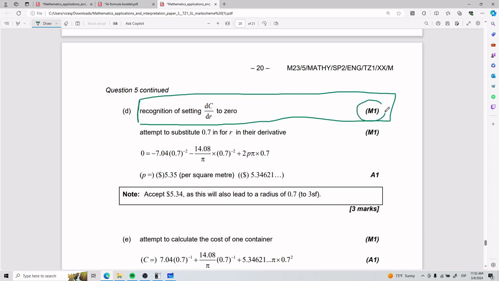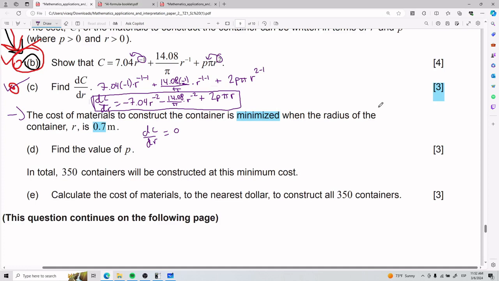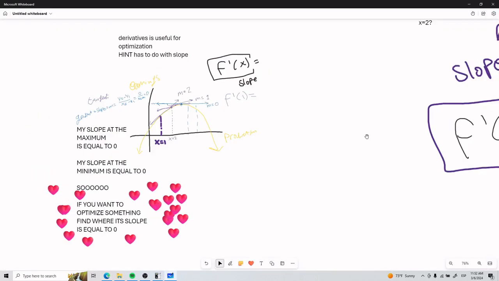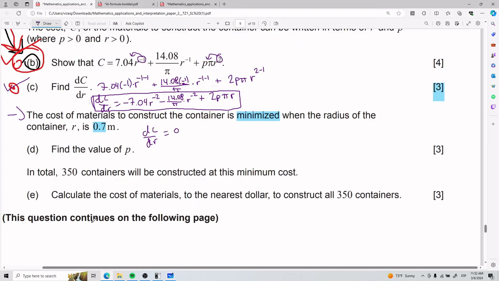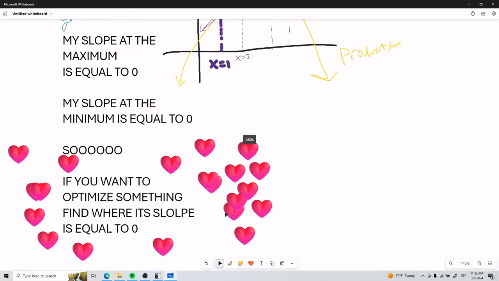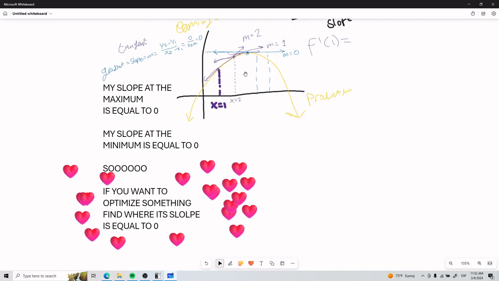And it's a method point, which is knowing the procedure, knowing what to do. So this already gave you 1 point. It's just the idea that I just shared, filled with a bunch of hearts, that gave you 1 point. So take your slope, equal it to 0. Take your derivative, equal it to 0. Same idea. You want the slope of 0 because it's going to help you find the vertex. Helps you find the max or min.